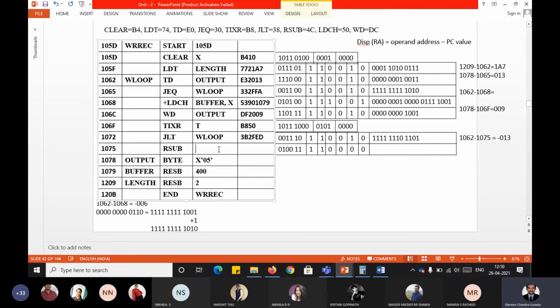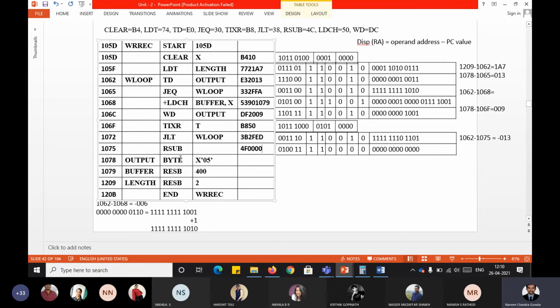Here there is no operand, so the address would be zeros, and for finding the operand address we neither made use of base nor PC. So it is 0. Now the object code you are getting is 4F, 1111F 0000. That's the object code for RSUB.